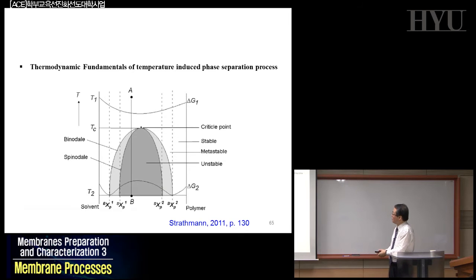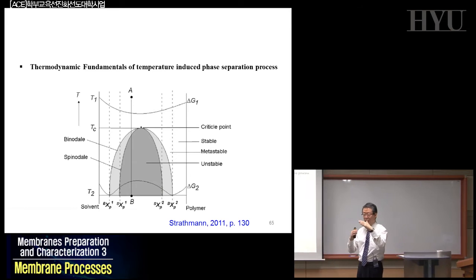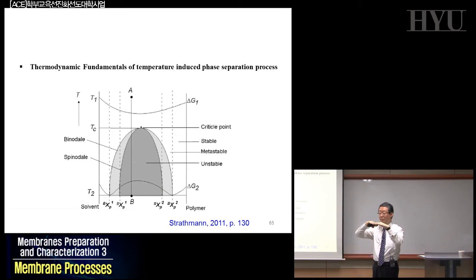Now we have some points where we have critical points here. The critical point is defined as the point where the binodal point and the spinodal point are about the same. So you do not have time for your nuclei to grow at the critical points.